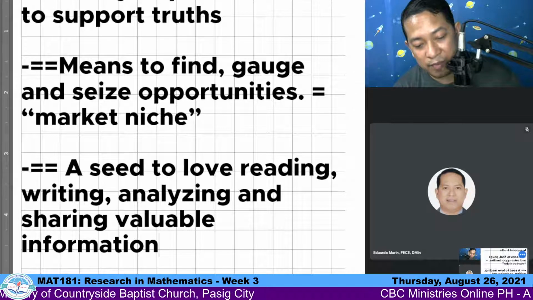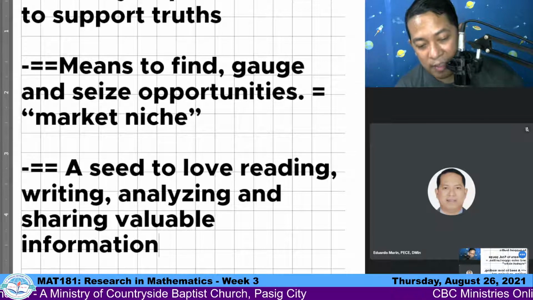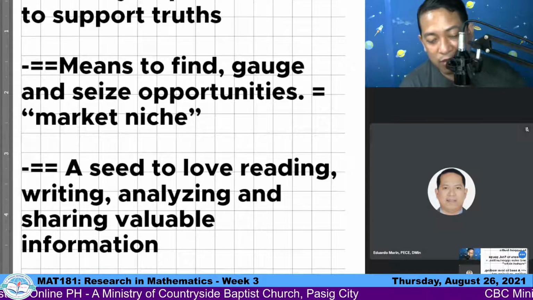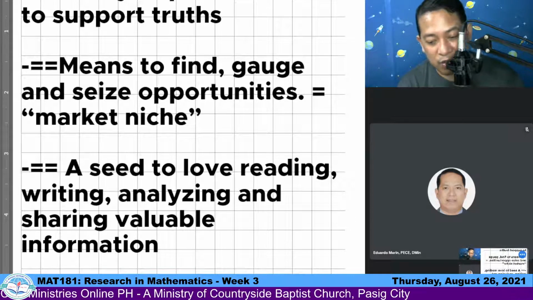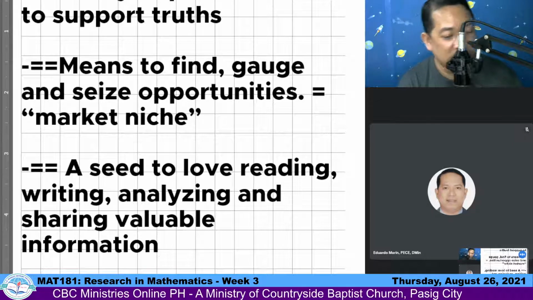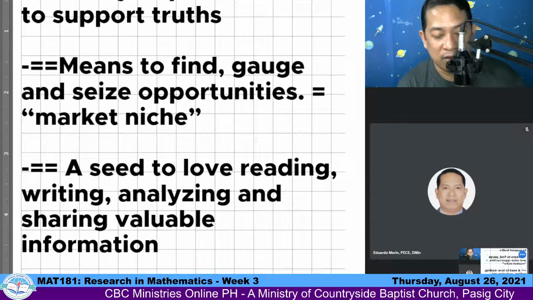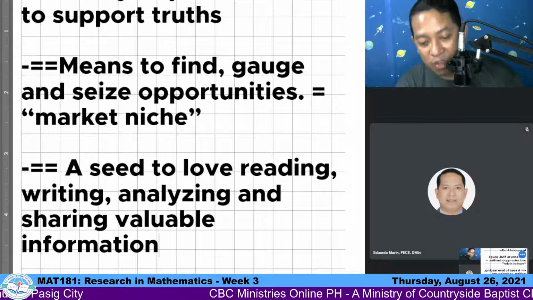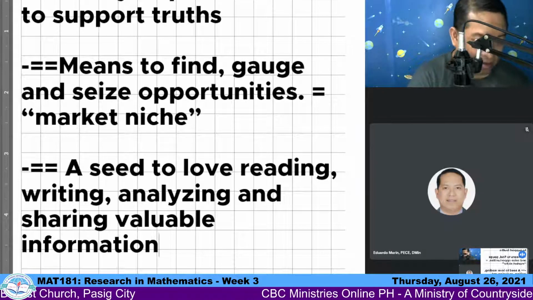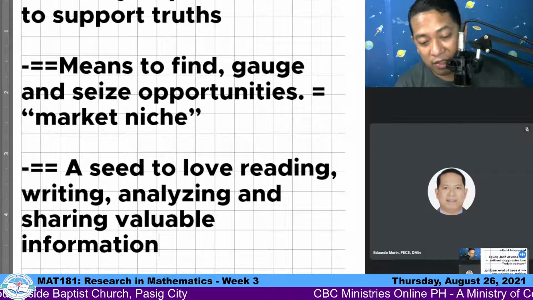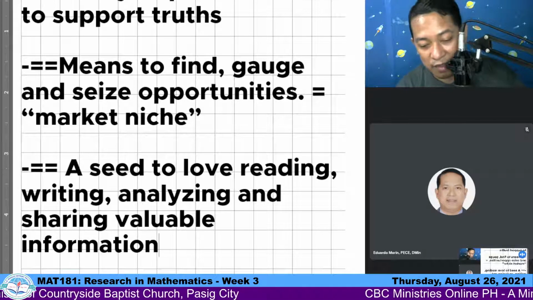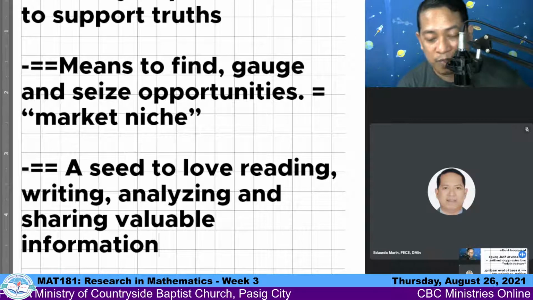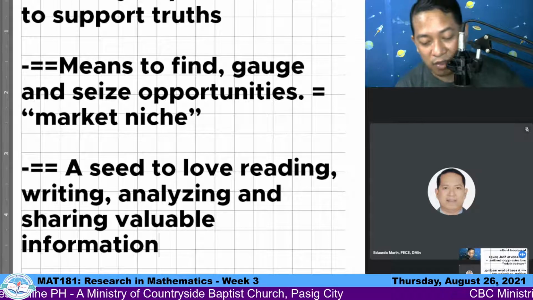Research-based body of knowledge could be a foundation for the love of reading. We will encourage people to read. If you would like to engage in research, you need to read and read and read, not just conduct research without reading articles, research journals, or other literature related to your research.